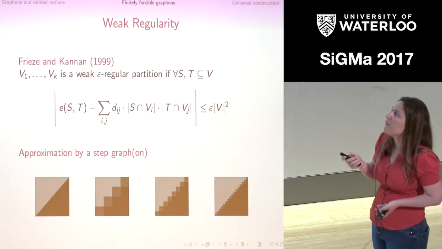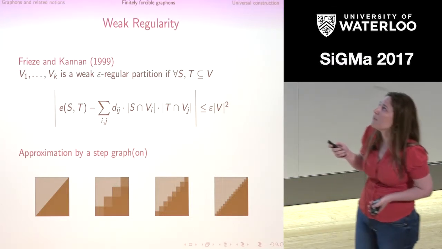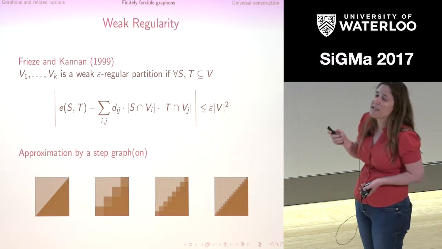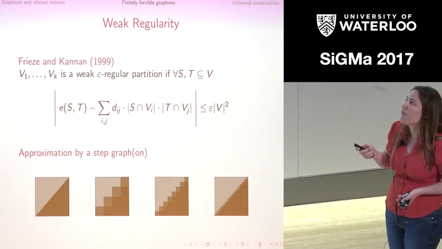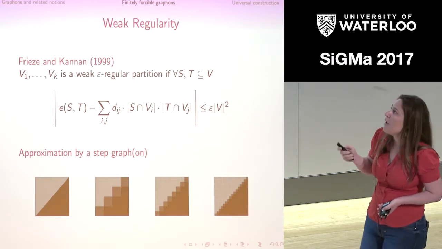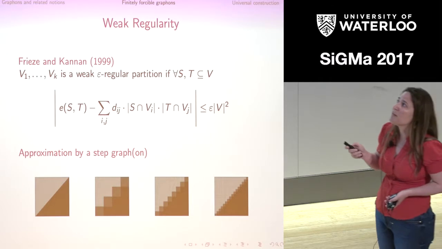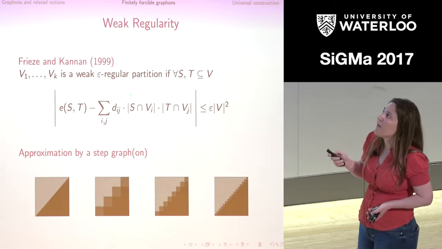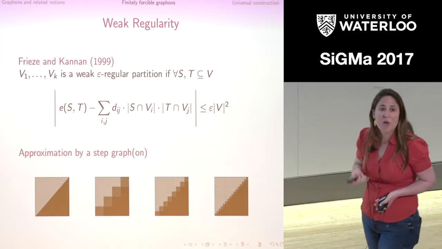In a graph, if you have a partition of the vertex set, we say that this partition is a weak epsilon-regular partition if for any 2 sets S and T, we can approximate the number of edges between these 2 sets by looking at the edge density between the parts and the number of vertices from S and T in those parts of your partition.